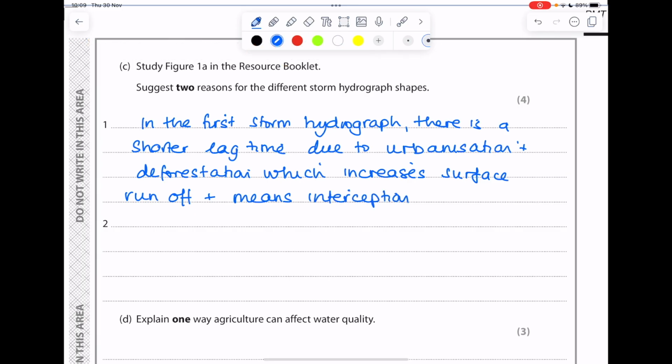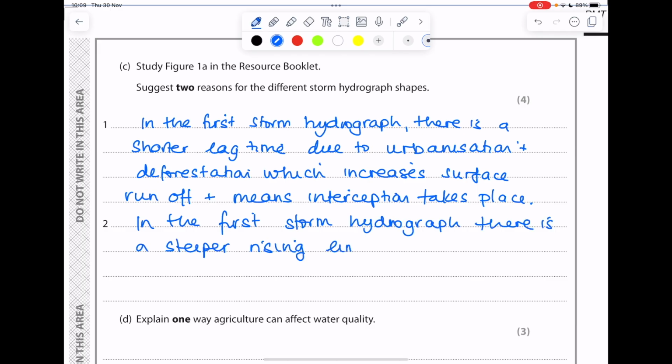Make sure you write a nice full answer here. What else did we talk about? We said about the rising limb. We could say in the first storm hydrograph there is a steeper rising limb. So we have that flashy storm hydrograph, and we said that that could be due to there being steep slopes which increase the rate at which water enters the rivers.